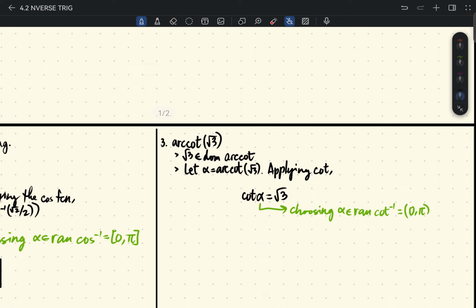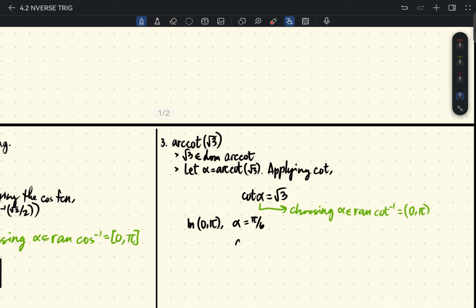So now, when the cotangent alpha becomes equal to square root of 3, this one happens. So in 0 to pi, this happens precisely if your alpha equals pi over 6.